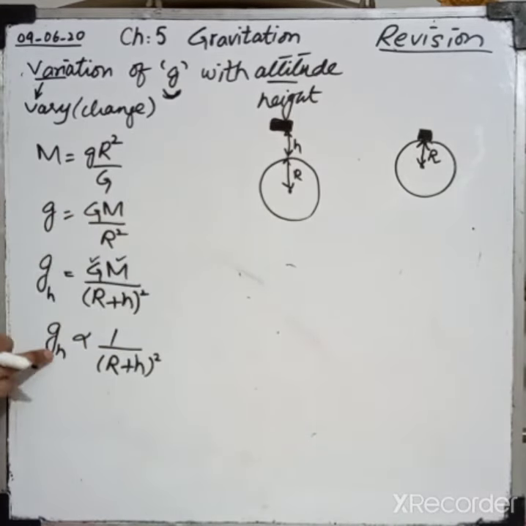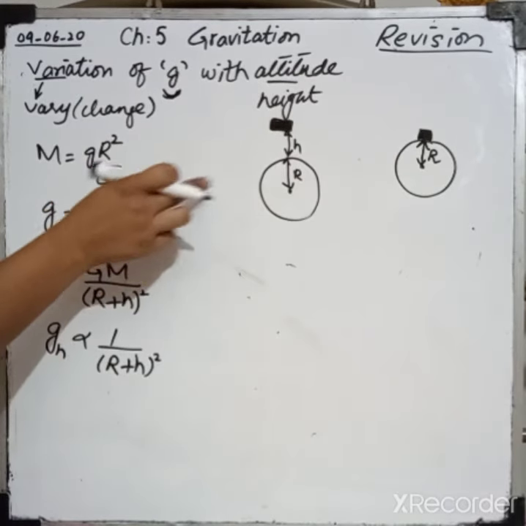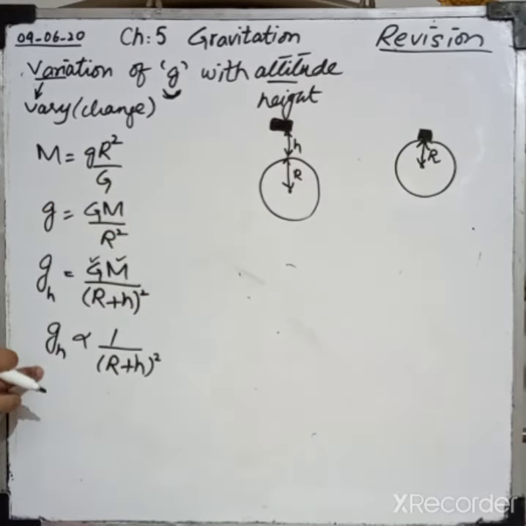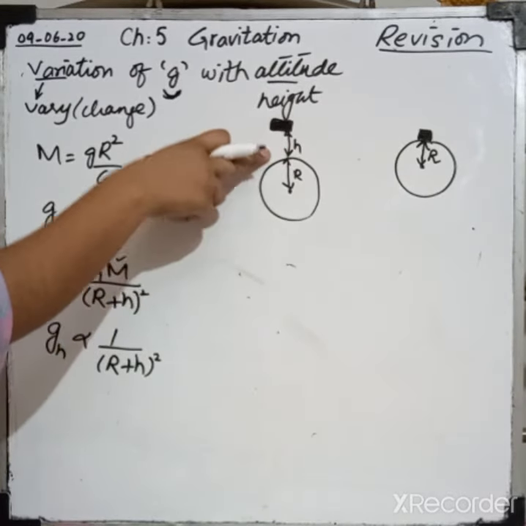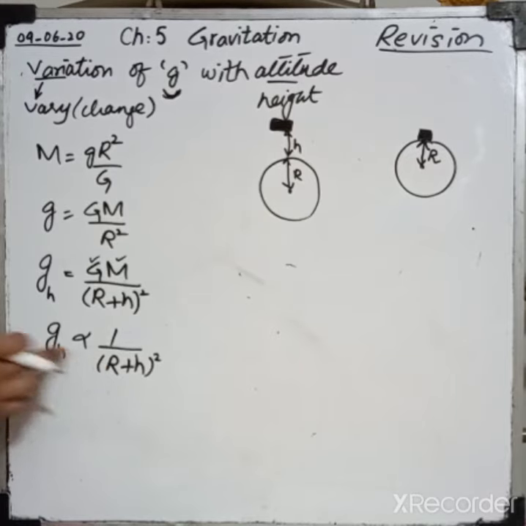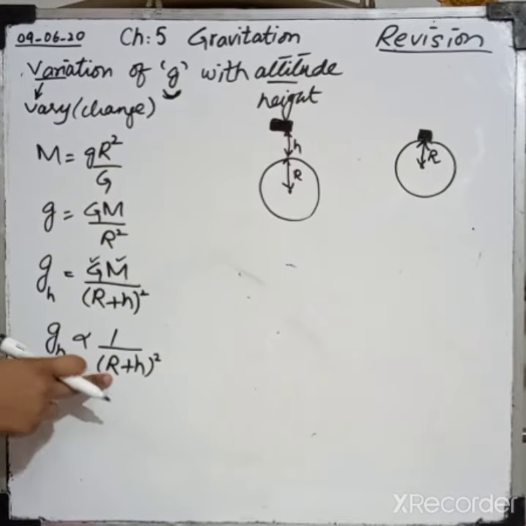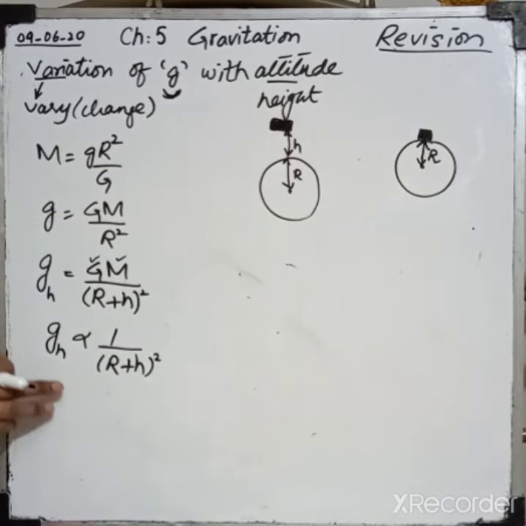That's why the value of gravitational acceleration at hills is lesser than at the sea level. So we can say that the gravitational acceleration has its highest value at the surface of earth, because there is no height there. The distance between the two bodies is just the radius of earth. So whenever you go higher from the surface of earth, the value of acceleration due to gravity decreases.